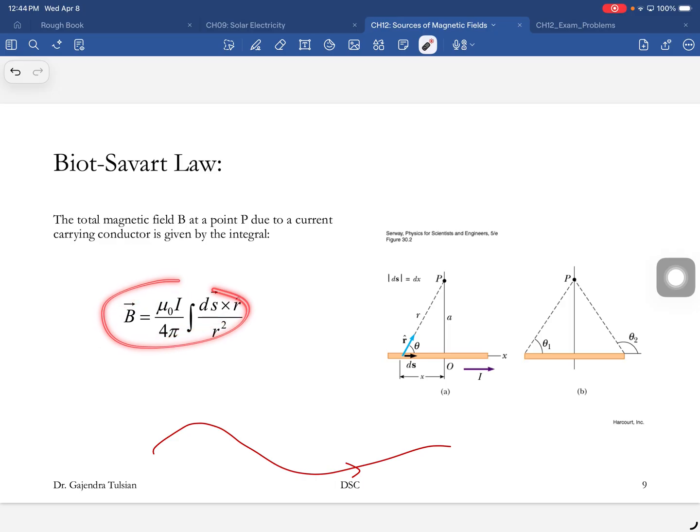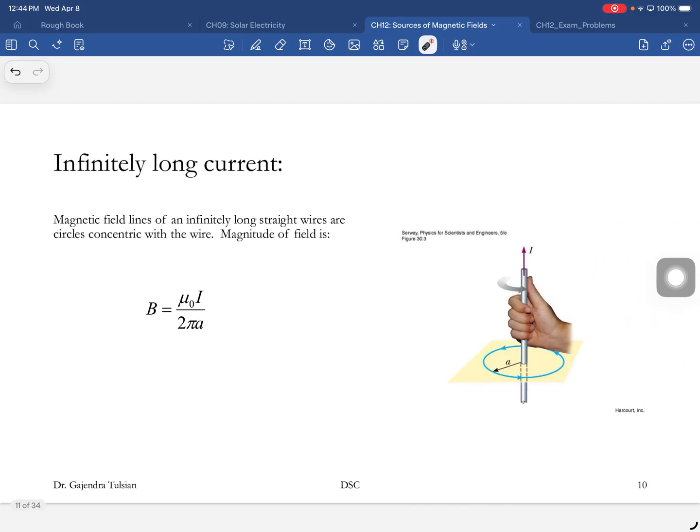I'm not going to do the integral, but here's the answer. For an infinitely long straight conductor, the magnetic field is concentric circles, and the magnitude at a distance a is given by mu naught I divided by 2 pi a.